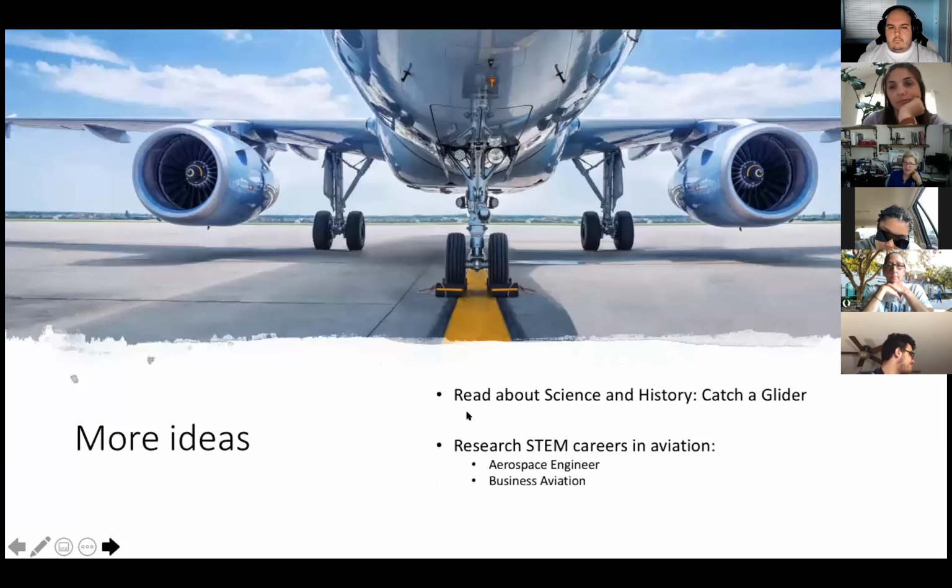And I think Lauren sent you an article, Catch a Glider, which is for students who like history. This is really interesting. It's about a group of people.